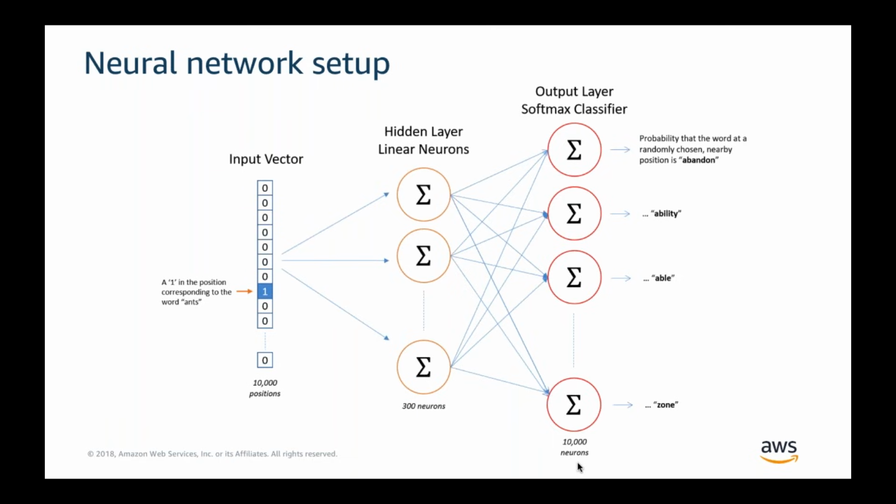As your vocabulary size increases, the output neuron size is also going to explode. The most important thing here is the hidden layer. The number of neurons here is exactly the same as the dimensionality of your choice. If you have chosen 300 as your output dimensions, you're going to have 300 neurons in the hidden layer.